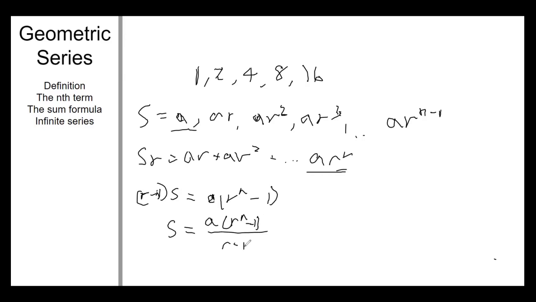The main idea is that the sum is just the next term, A times R to the N, minus the first term, divided by R minus 1. You don't really have to remember this exact formula, just remember this concept of multiplying by R, because I think that's the most important step in this process.